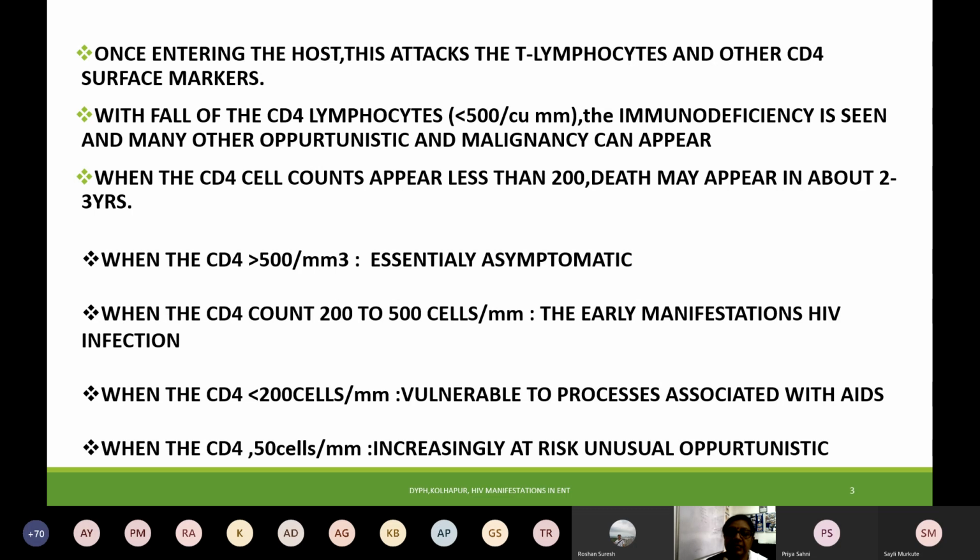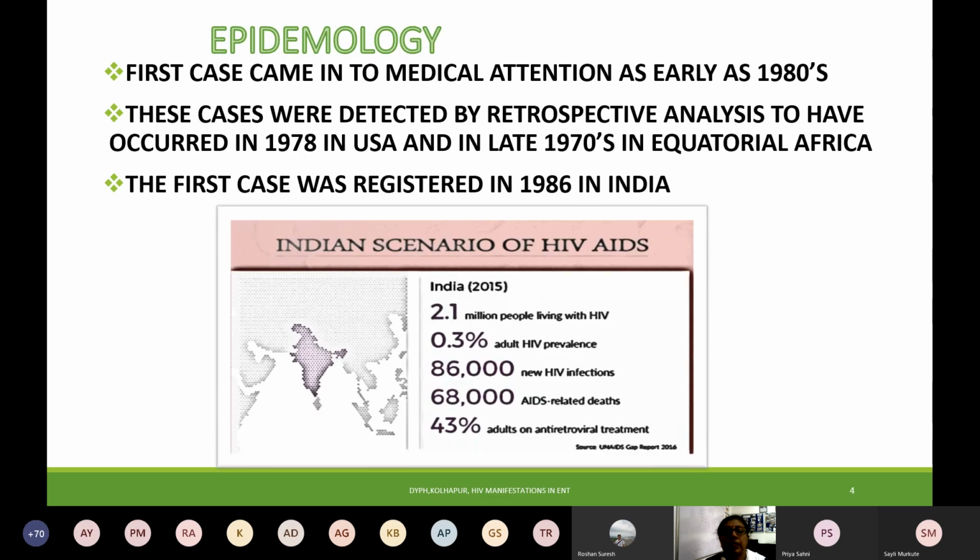When the CD4 count is less than 200, the patient is vulnerable to processes associated with AIDS. And if the cell count is very low, then it is high risk and they may have opportunistic infections.